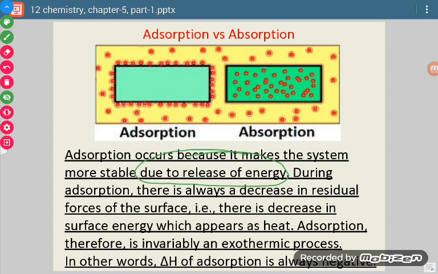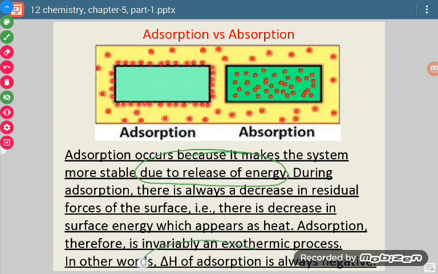So during adsorption there is a decrease in the energy of the system, and so this process occurs spontaneously, due to its inner urge to acquire a more stable form, okay.